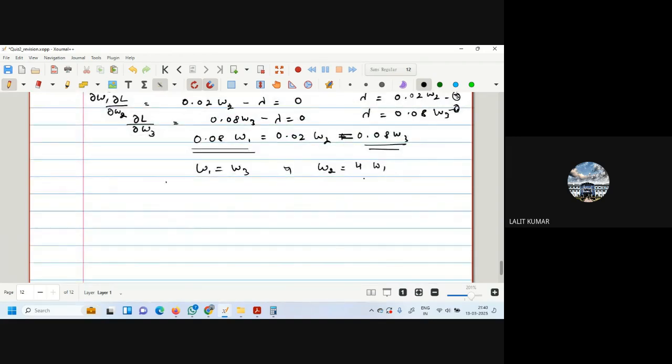But we know W1 plus W2 plus W3 is equal to 1. So we can write W1 plus 4 W1 plus W1 is equal to 1. Therefore, W1 is equal to 1 by 6, which is equal to W3. And W2 is equal to 4 into W1, which becomes 4 by 6, equal to 2 by 3. So this is how you solve this.